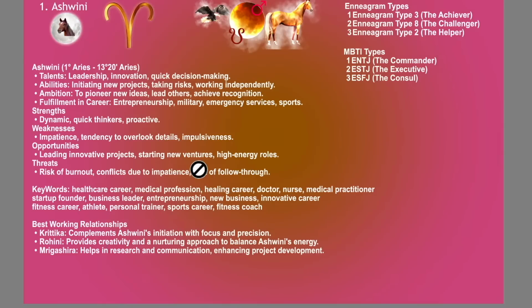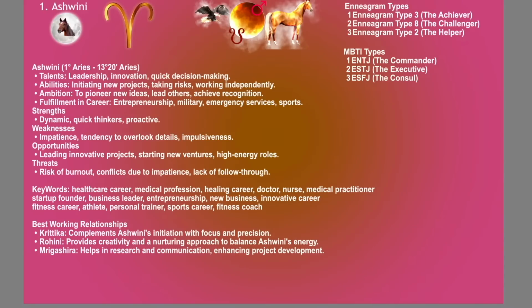So now you can take this as a personality test. If you don't know what your MBTI type or Enneagram type is, I have covered it in a detailed playlist on this channel, which gives the description and Excel sheet with the free download link of each and every Excel sheet. And you can find out what your Enneagram type is. You can find out what your MBTI type is and then come to this one.